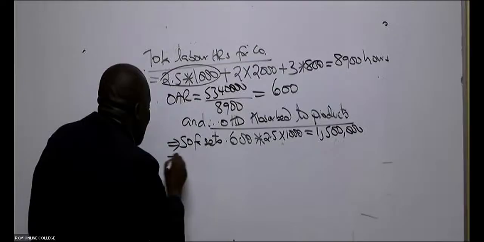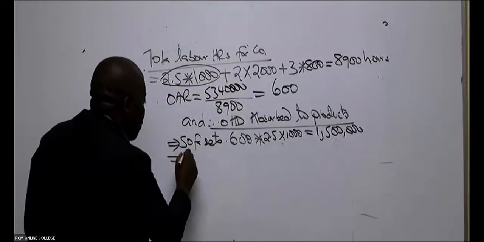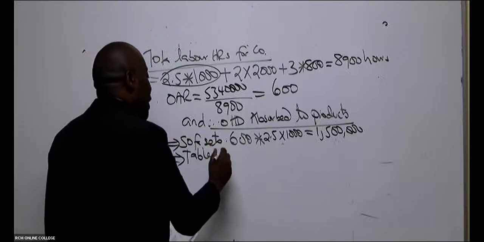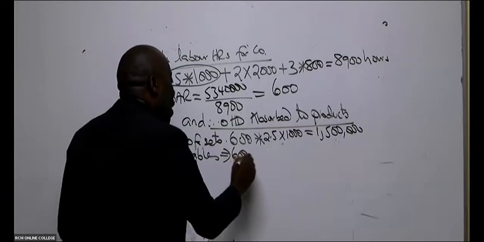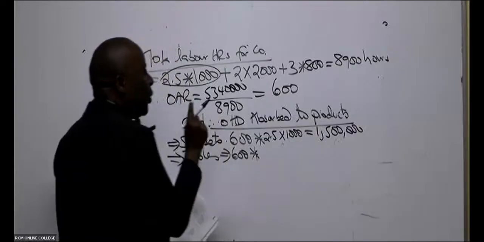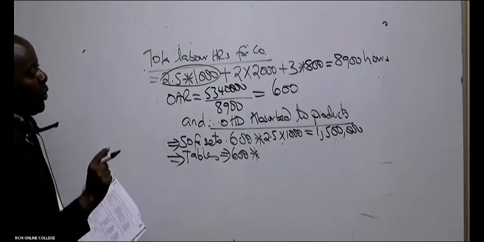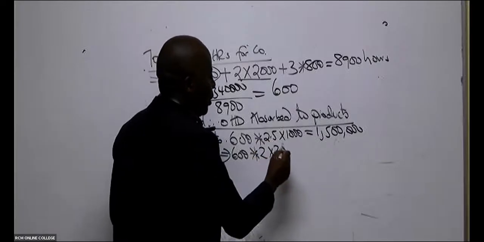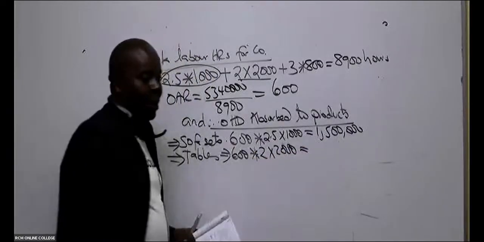Then how much shall be absorbed by tables? Absorption rate is 600 per hour, times the hours that we need for all the tables. All the tables hours are here. Times 2 times 2,000. So then this one here will end up giving me what figure?